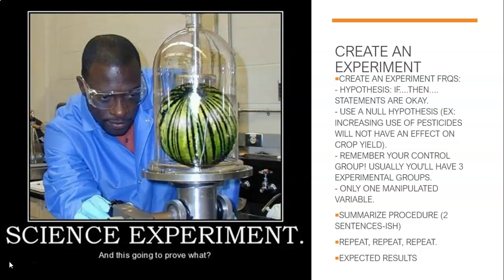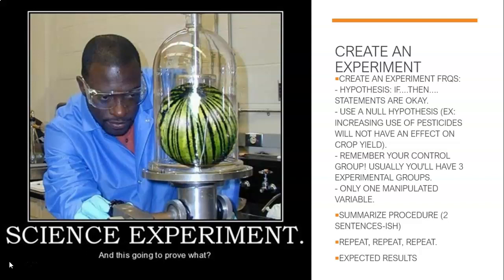The other thing is to briefly summarize your experiment in 2 sentences-ish. Don't give tons of detail. Not, well, first I will pick up 6 pots. Then I will put those 6 pots in the sunlight. Instead: I'm going to prepare 4 different groups with the same container, soil, and plants.